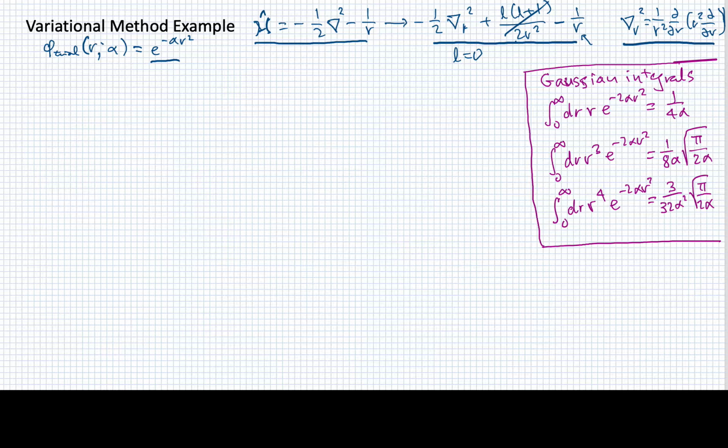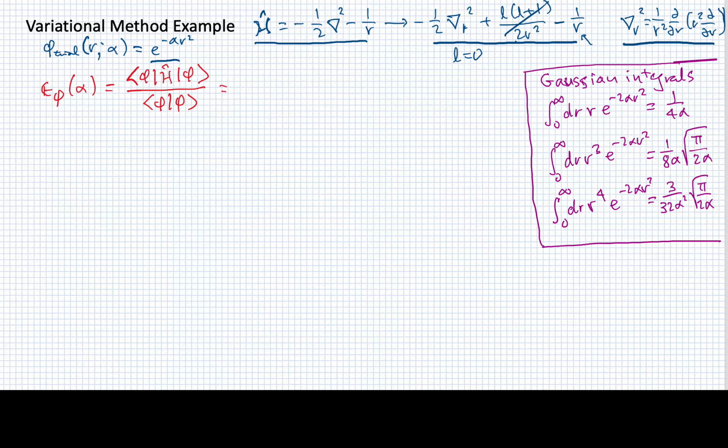Now when we go to apply the variational method to this problem, we're going to need to calculate the expectation value of the energy, which for this particular trial function, and in general, will be a function of the parameter alpha. Now the way we would normally write this down is we would find the expectation value of the Hamiltonian divided by the square of the wave function below it.